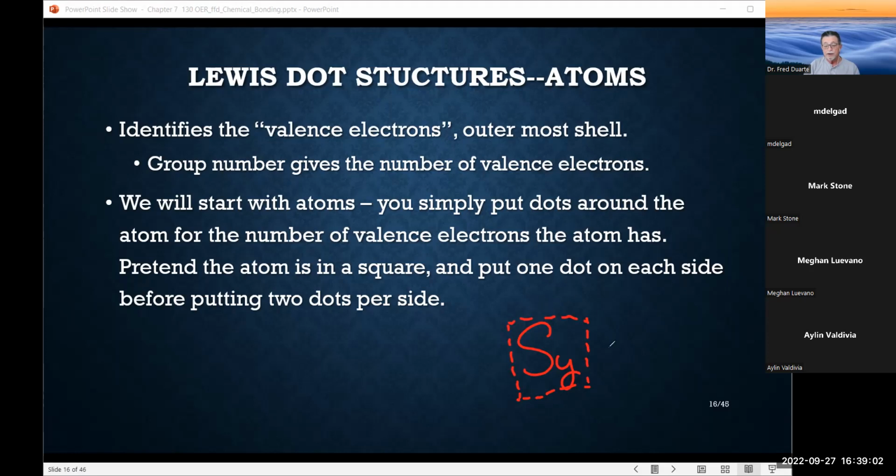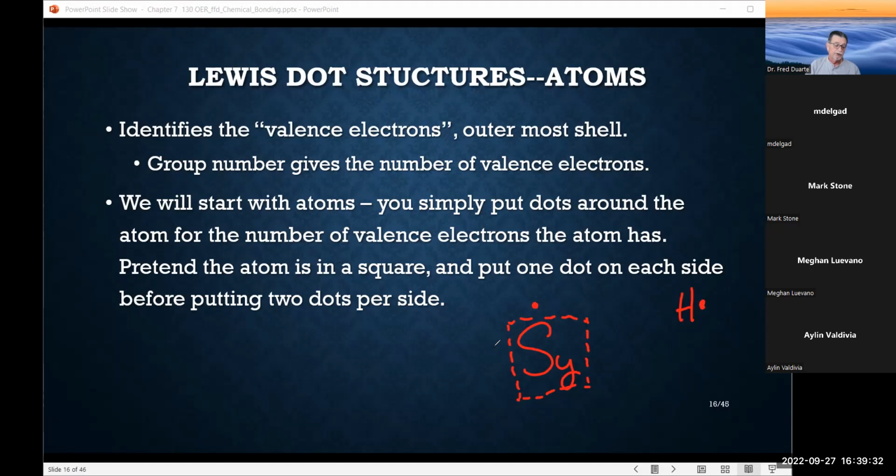So we put one dot on each side until we go around the horn, and then we double up on the dots. Now, if you go clockwise or counterclockwise, it makes no difference. You start on top, bottom, left or right, it makes no difference. Just start someplace. Let's say I've got hydrogen. Hydrogen has one valence electron. So we put a dot. That will be hydrogen's Lewis dot structure.